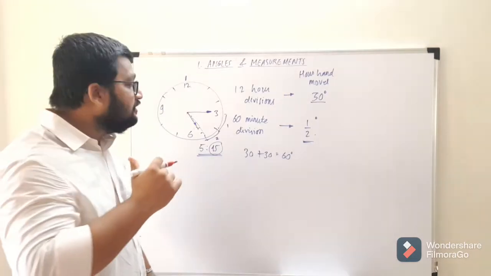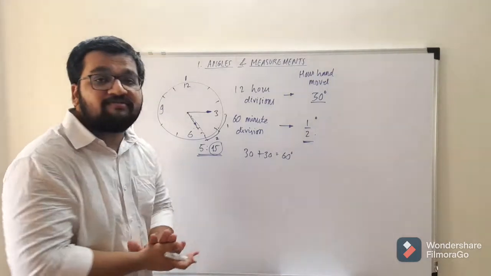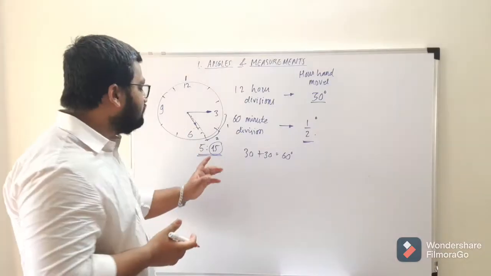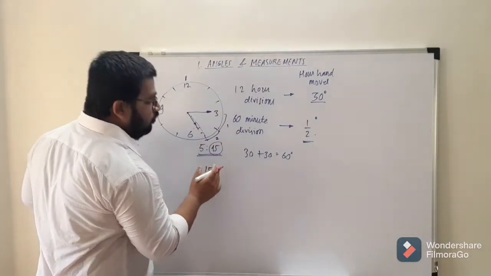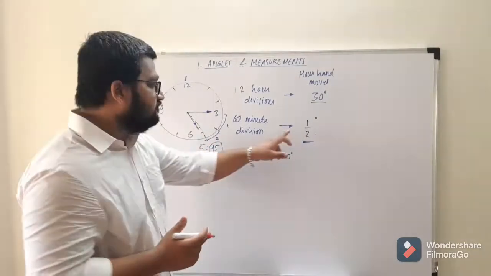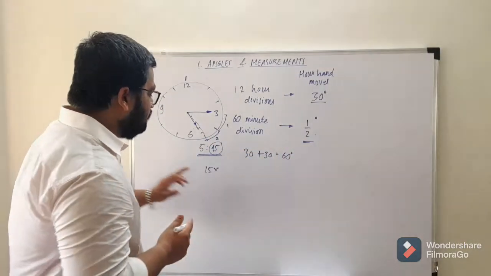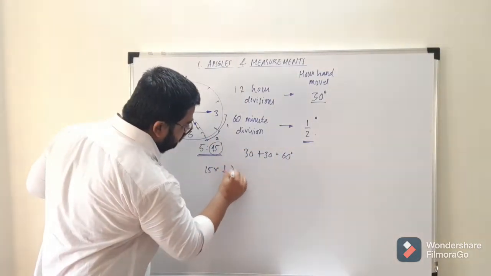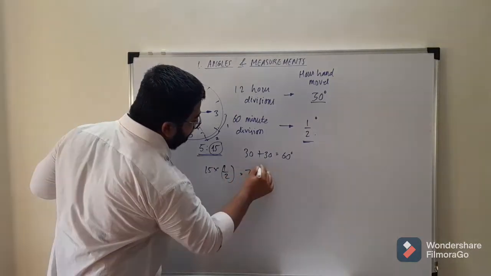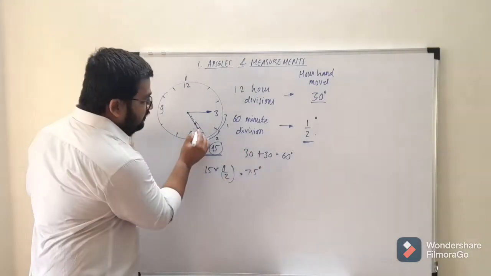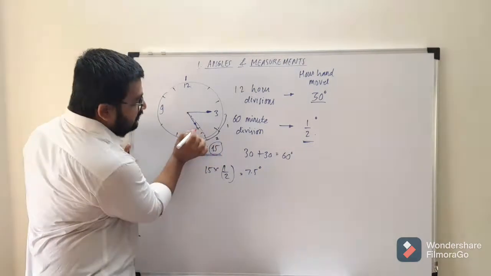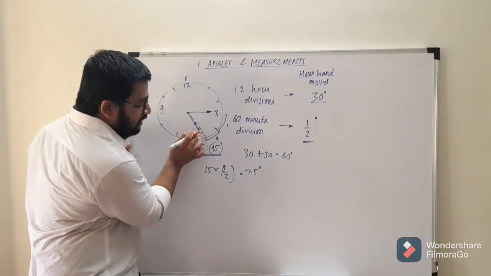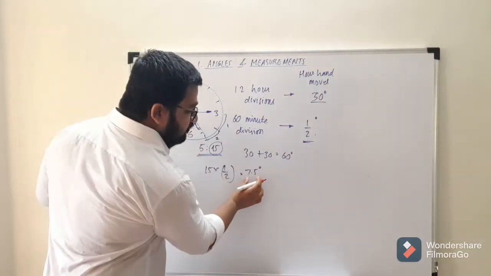Now how much does the hour hand travel in 15 minutes? That is simple. For 1 minute, the hour hand travels half a degree, so in 15 minutes it will travel 15 into half degrees, that is 7.5 degrees. This is the extra distance on the way from 5 to 6.